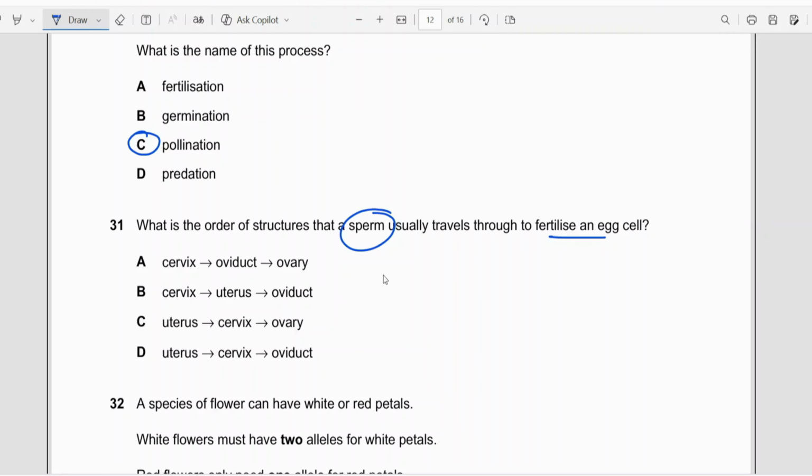It would be the reverse order: cervix, uterus, and then oviduct. Otherwise, if you talk about the egg, it would be oviduct, and then move to the uterus for implantation. If fertilization occurs, the fetus, and then the baby is born moving through the cervix. So you have to give the reverse order.